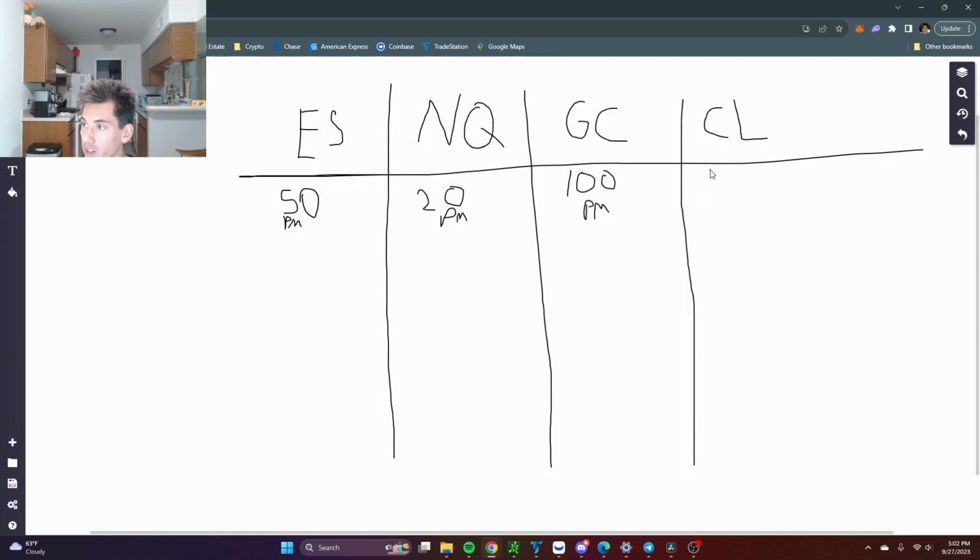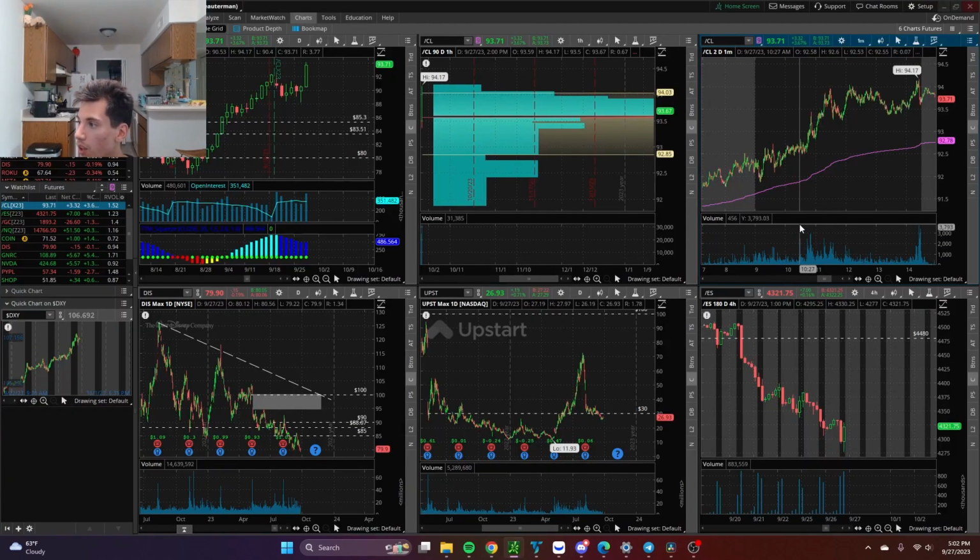And that multiplier is $1,000 per point. That is the point multiplier for oil. So if you got long at 92 and sold at 93, that's $1,000 in basically around 2 hours. That's basically the exact same as gold if you went short on gold.